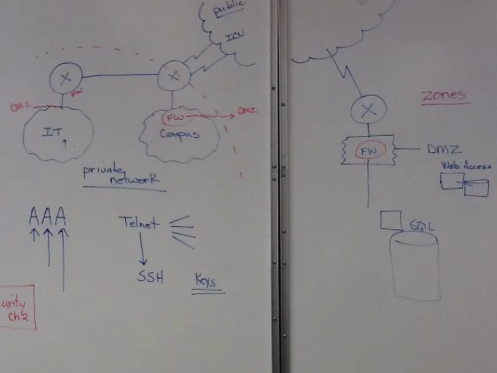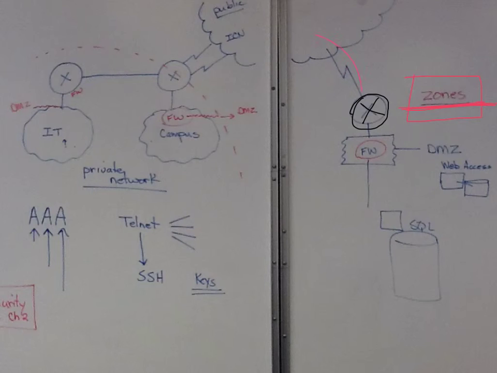Out here in the internet, for example, we could have Amazon or Craigslist, eBay, or any place you shop. They can have a DMZ. They can have different edges here, and eventually we're going to use the term zones. We can have different zones and allow different access to different zones.